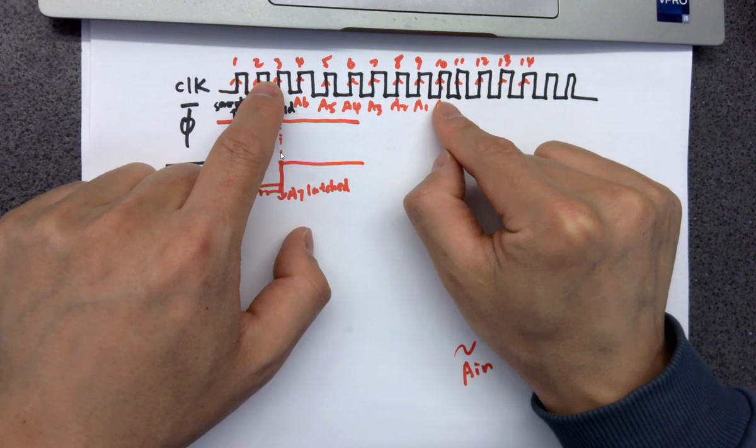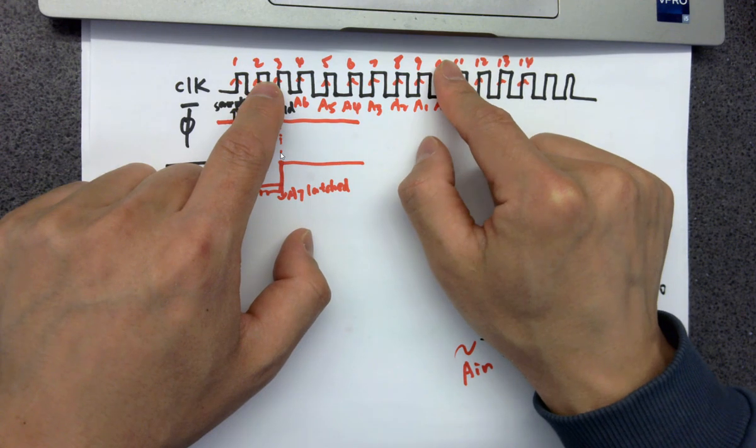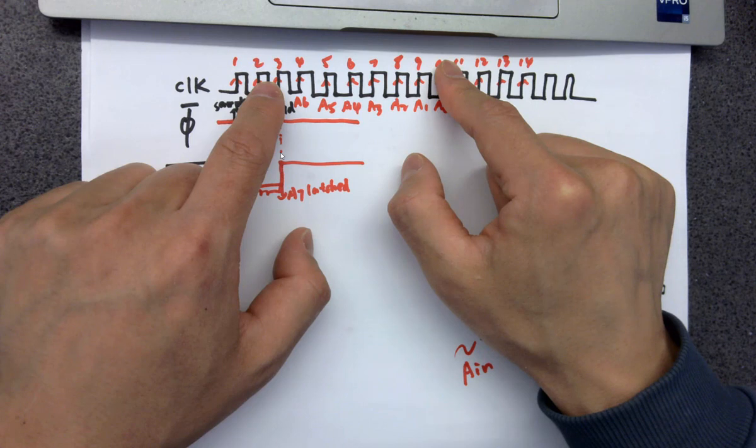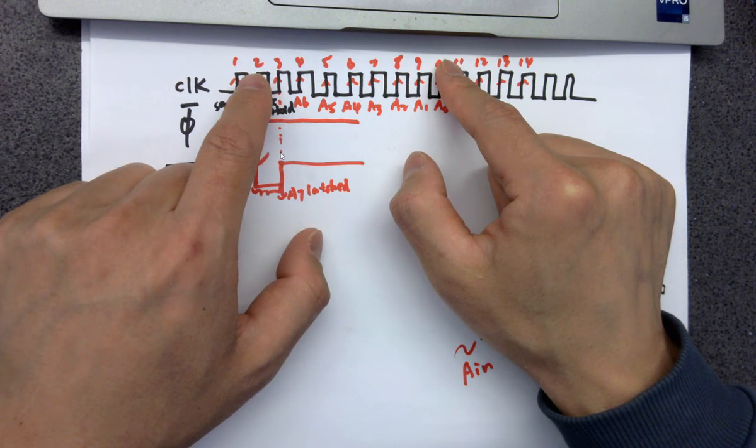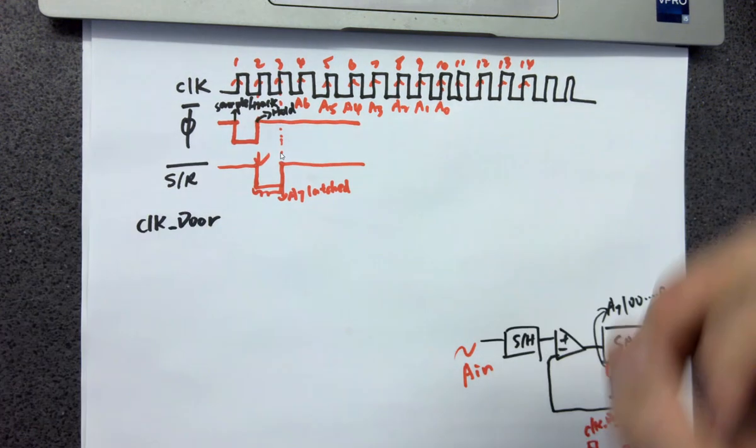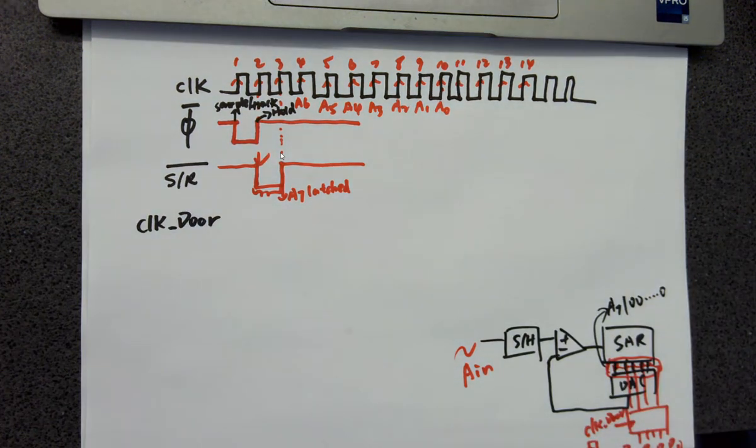So should I just kick it out at the same time when A0 is available to make it fast? When you are sending it out, A0 is not really ready yet.